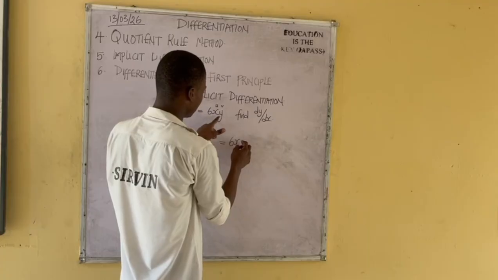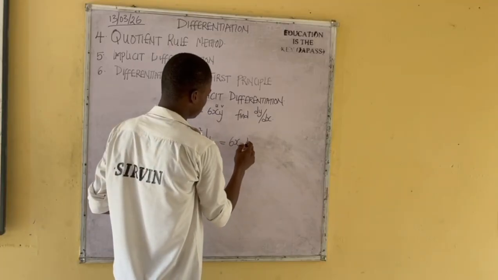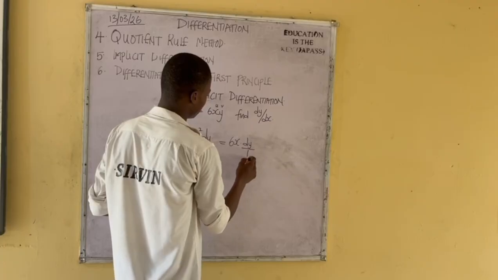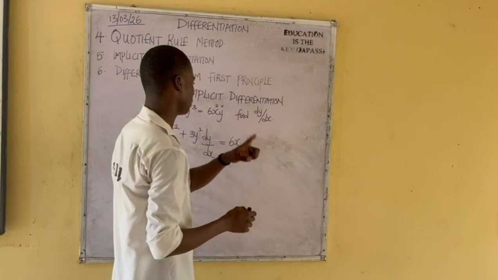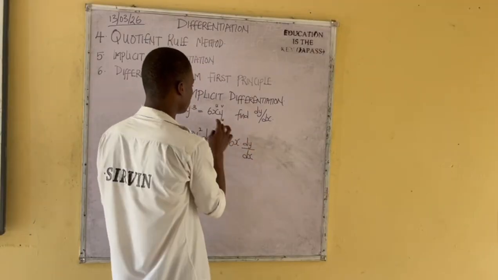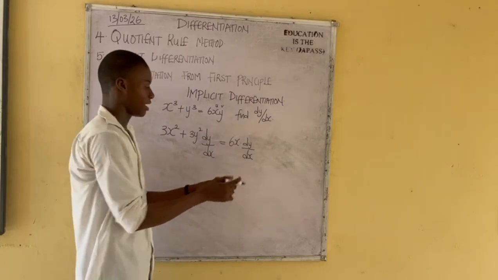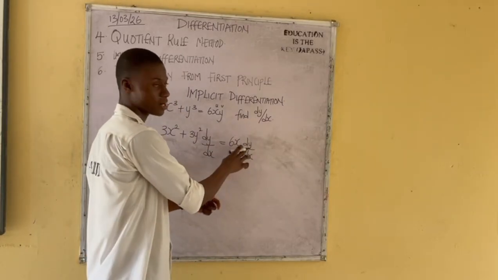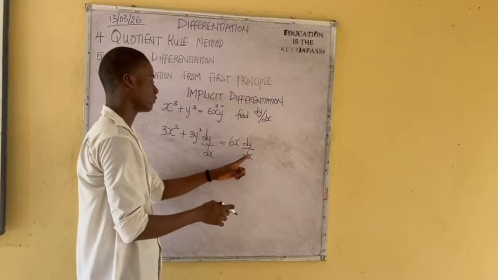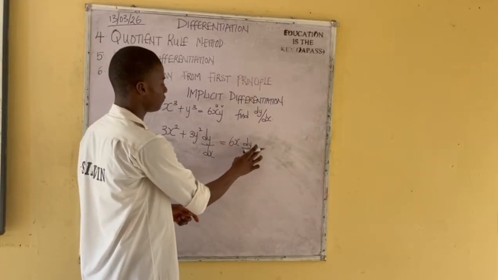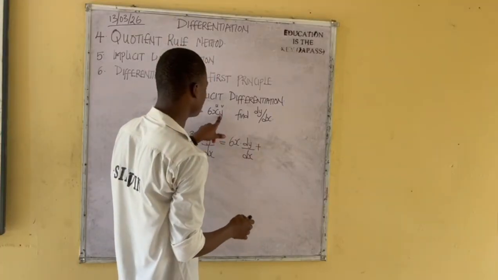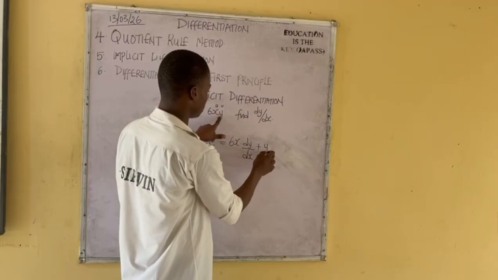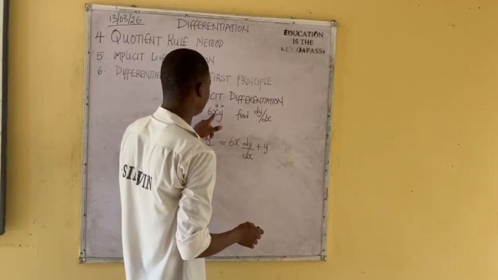To differentiate y now, I have dy over dx. Remember, if you differentiate the variable, you have 1, but since it's implicit, I'll just say dy over dx here. Then plus, keep this y constant and differentiate this x.